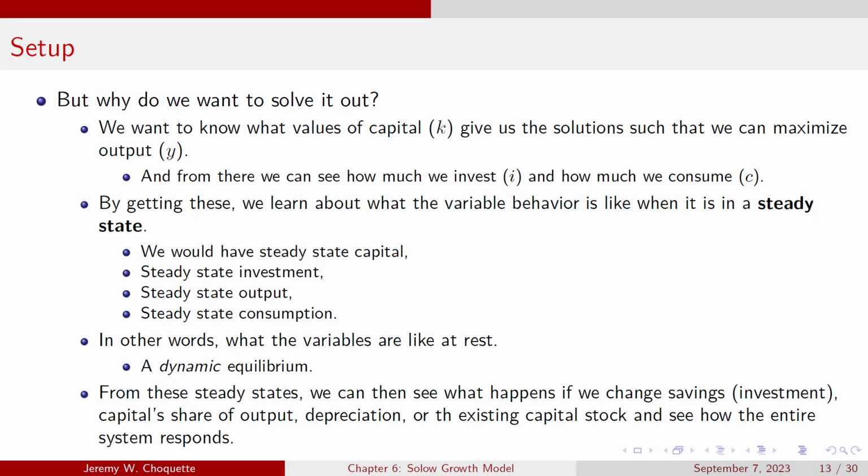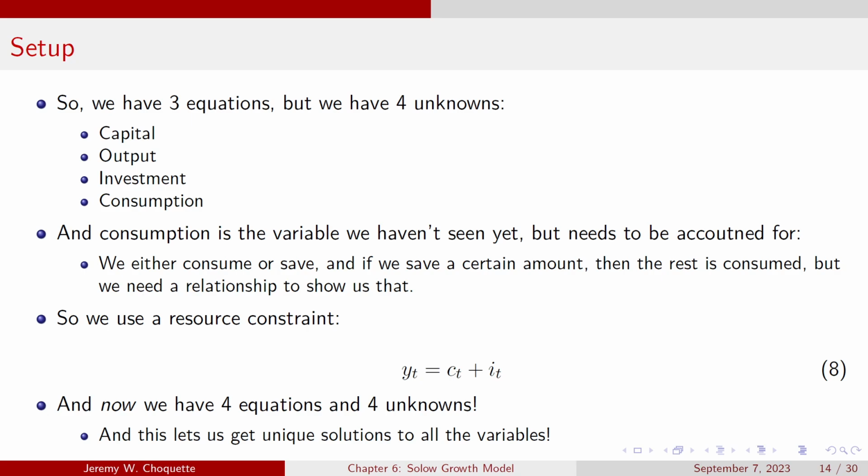We can see what happens if we were to change savings or the capital share of output, that little alpha term, or depreciation, delta, the existing capital stock. We can see how the entire system responds. Now, what would be responding? Well, we would obviously have steady state capital responding. We would have investment, we would have output, and we would have consumption. But we haven't seen an equation with consumption yet, have we?